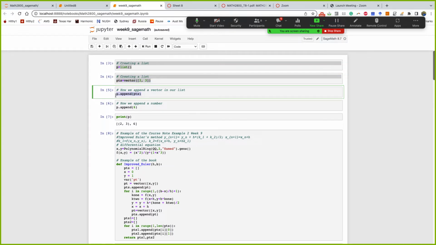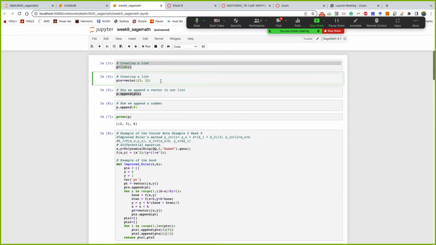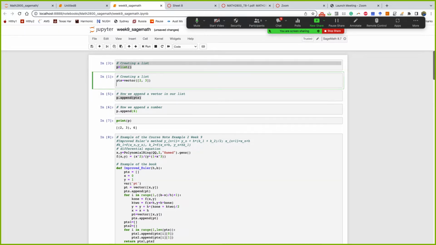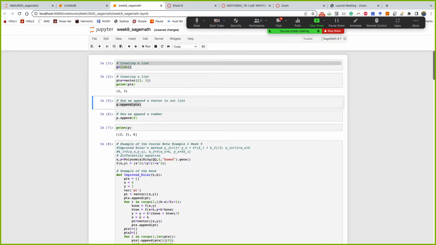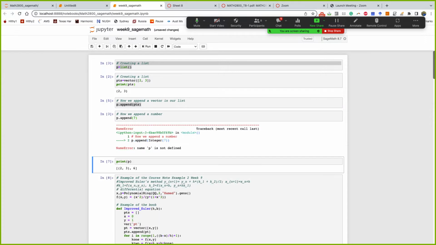Appending to the list is like this one. So if we have this one here, what do you think if I print this one? I can append this number to my list.